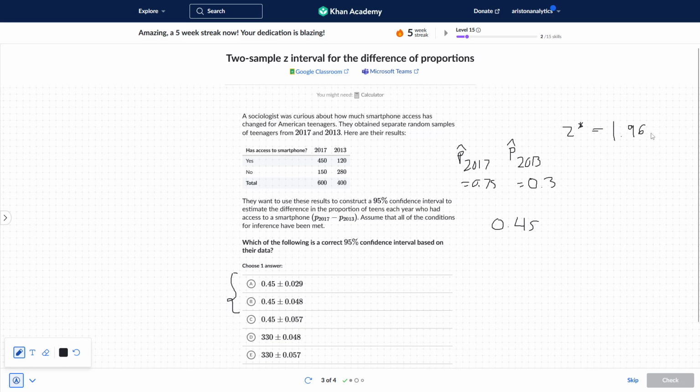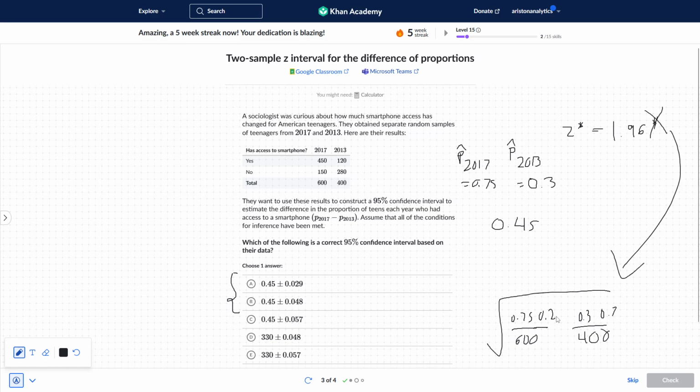1.96 times square root of this. Okay. 600, 400, and then this one is 5, 3, 0.725, something like this.